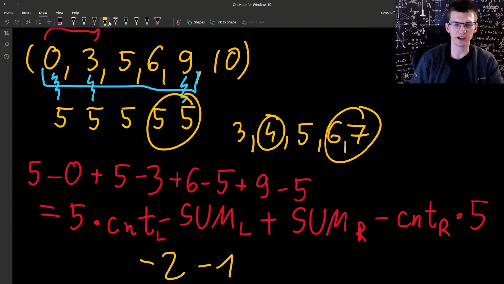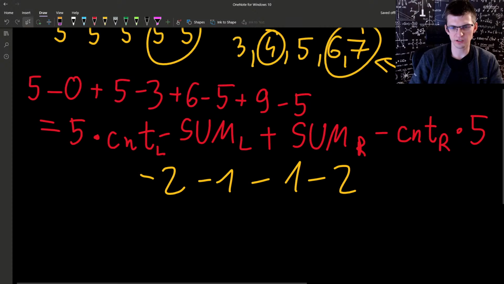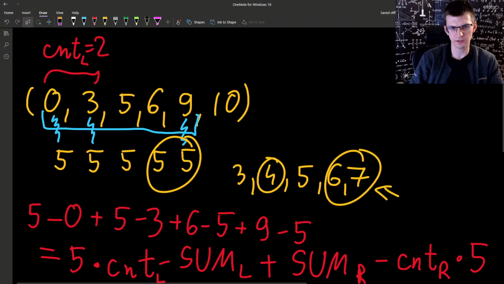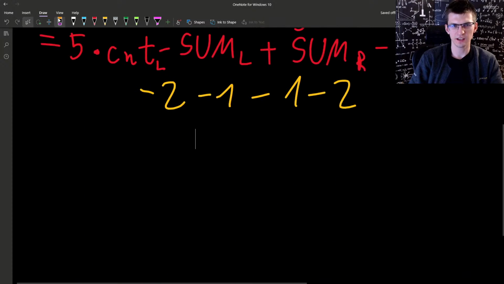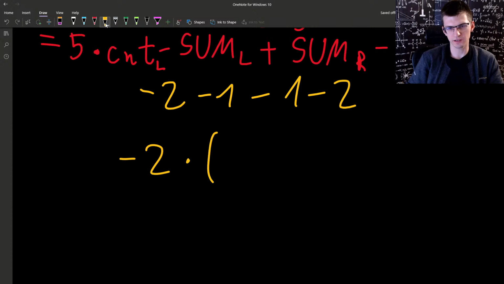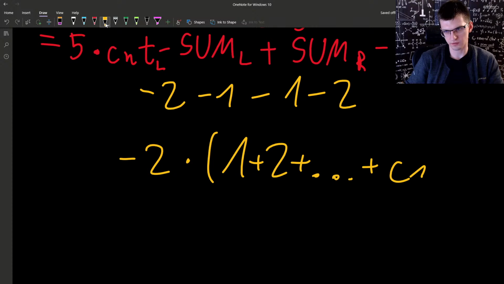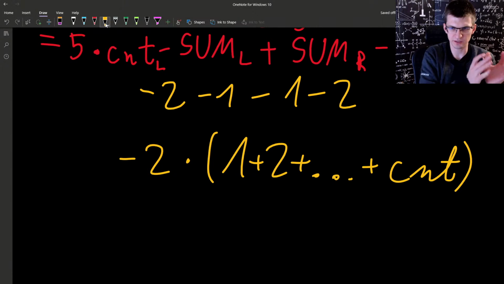And unnecessarily I went from 6 to 5 and from 9 to 5 when this was enough. And in general, this yellow thing, this difference between 5s and this arithmetic sequence, can be expressed as minus twice 1 plus 2 plus and so on up to the count. Count is the number of elements on one side.